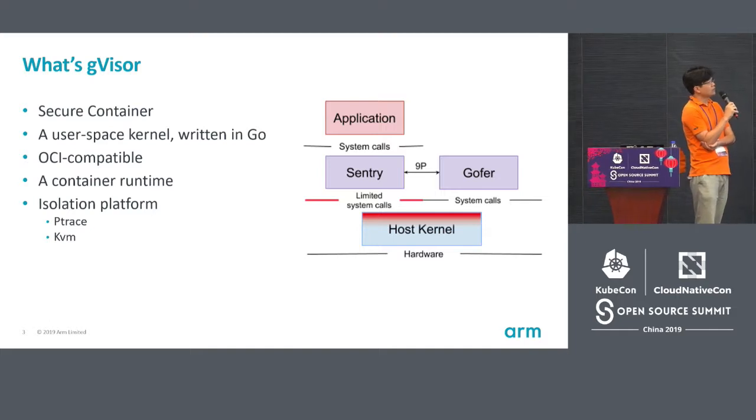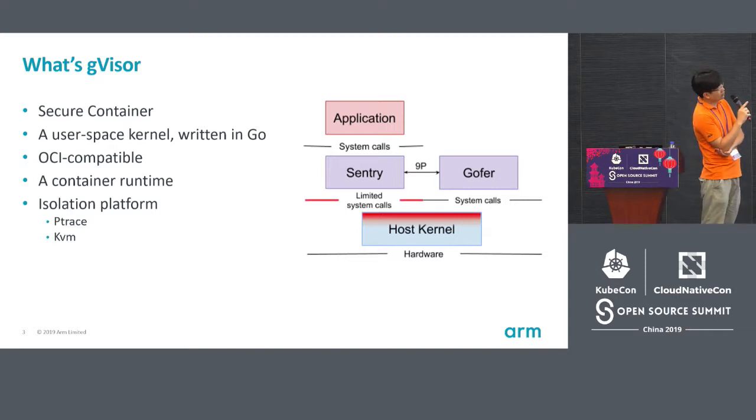And the most important module for gVisor, the first, is the user space kernel, which is called the Sentry module. It is written in Go, and OCI compatible. So that is why it can work independently as a container runtime.